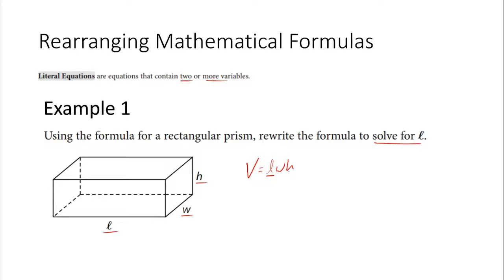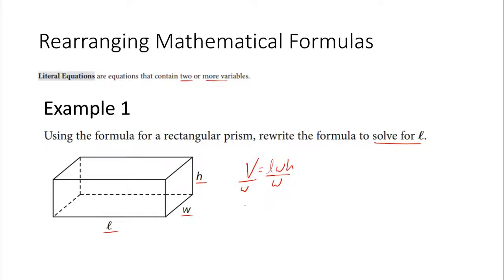How do we get rid of W and H? We want them to get away from L. Well, W is multiplying, so what's the opposite of multiplying by W? Divide. But just remember what you do to one side, do to the other. So that is the division property of equality.